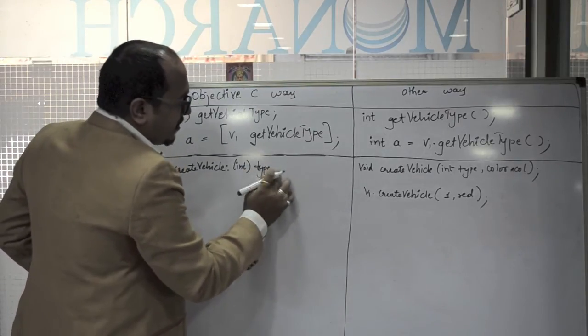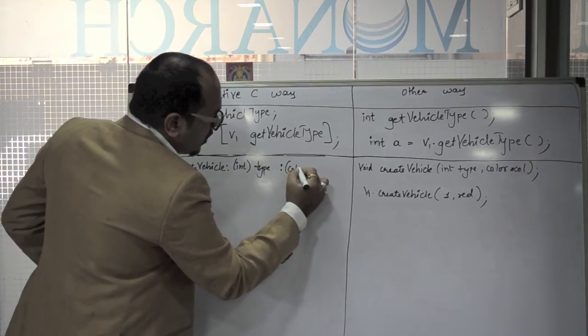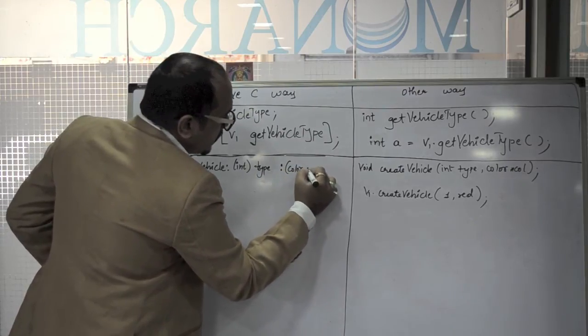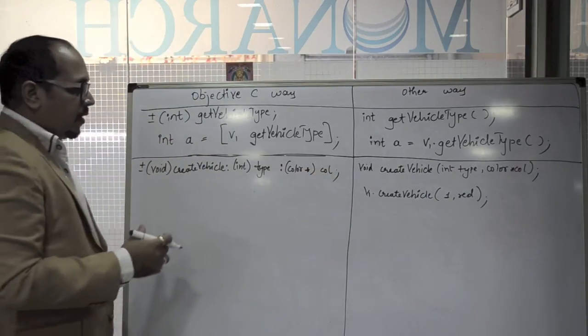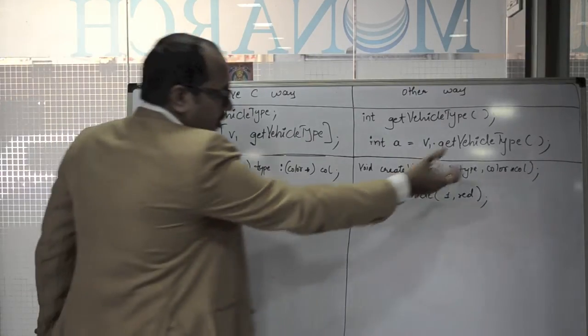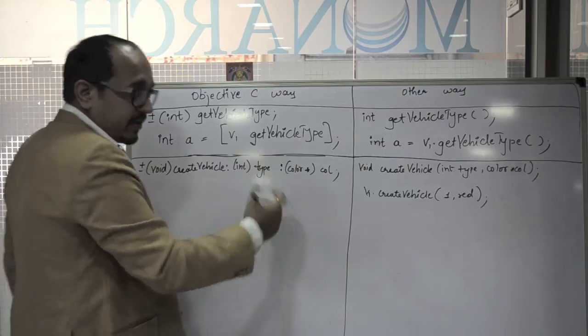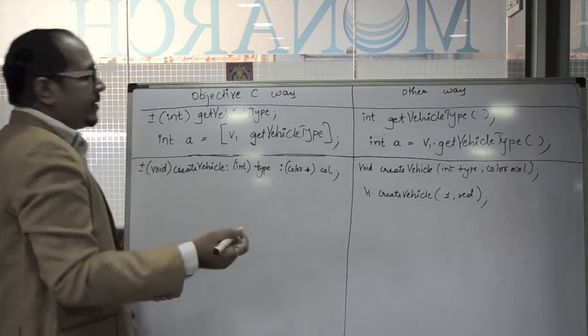So the comma is replaced by the space and colon: space, colon, color, and the variable. So there is no wow factor till now. It's just adding complexity. Arguments are separated by a comma elsewhere; here they are separated by a space and colon. The data types are inside the round braces.